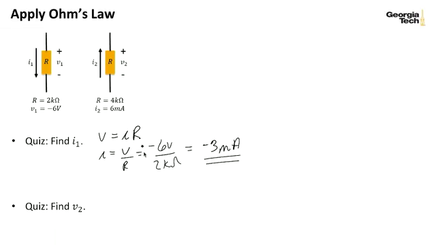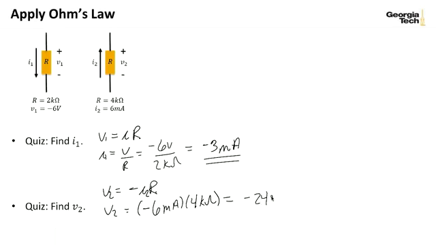For V2, now our current comes to the minus side first, so V equals minus IR. So V2, which is minus I2R, is a minus 6 milliamps times a resistance of 4 kiloohms. V2 is a negative 24 volts.